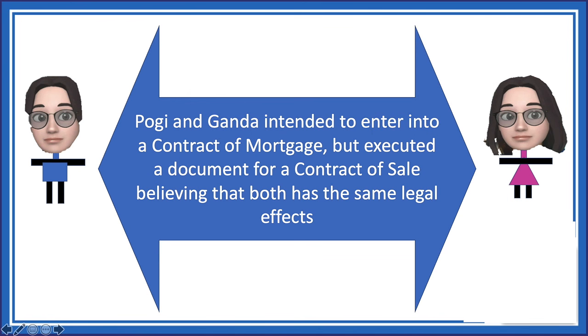Okay? So both parties thought that the deed of sale has the same effect with that of mortgage. Okay? So nagkaroon nga ng mutual error and that mutual error refers to the legal effects. Akala nila same legal effect yung deed of sale tsaka yung deed of mortgage.